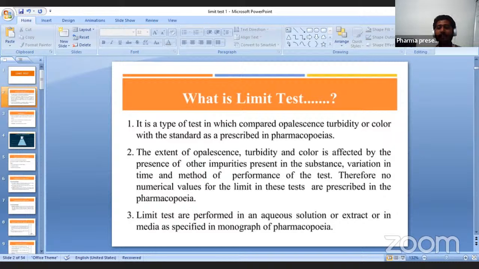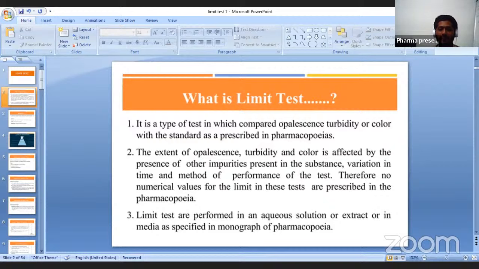So what actually happens, how does the precipitate form? When we add silver nitrate, we have sodium chloride as a standard, or whatever the test has, chloride might be present in sodium chloride or various metallic chloride forms. When you add the silver nitrate, it forms insoluble silver chloride. This insoluble silver chloride creates the turbidity, the cloudiness, a white-colored precipitate.